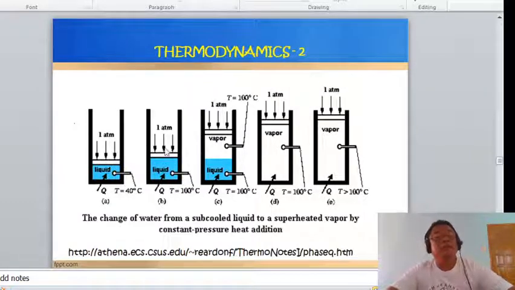Again, the pressure is 1 atmosphere, and then we have here vapor. This is a mixture of vapor and liquid, at 1 atmosphere also. Take note that the volume occupied is greater.